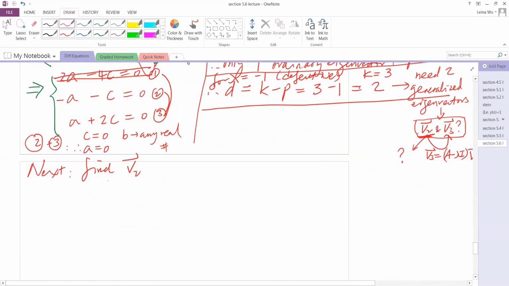In order to find V2, because our D currently is 2, we first have to check A minus lambda I raised to the D plus 1 to see if it is the zero matrix.